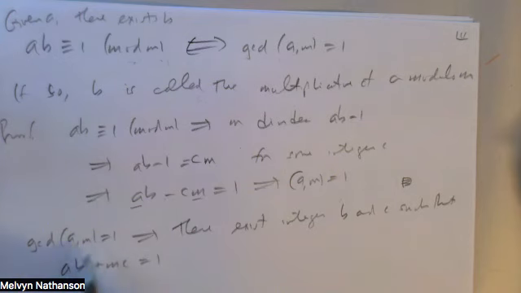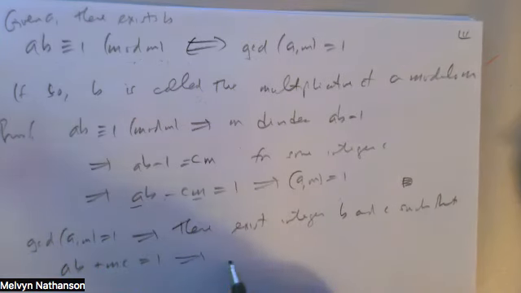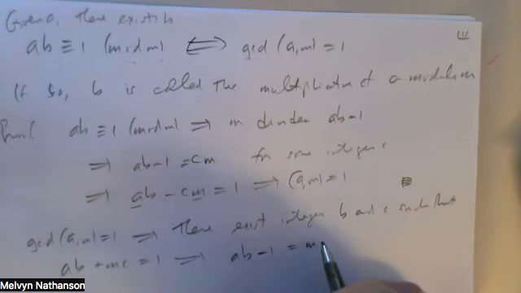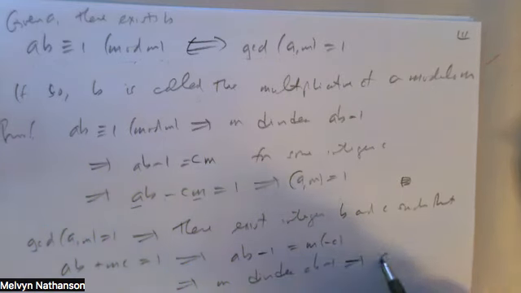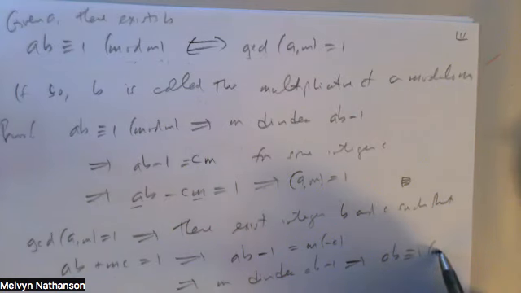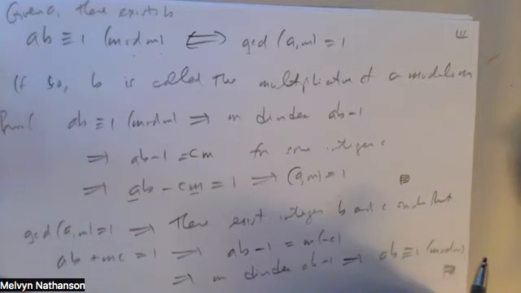If A and M are relatively prime, there's an integer linear combination of them that equals 1, which means AB minus 1 is M times minus C. So M divides AB minus 1, so AB is congruent to 1 mod M. And that's the proof of the converse statement.